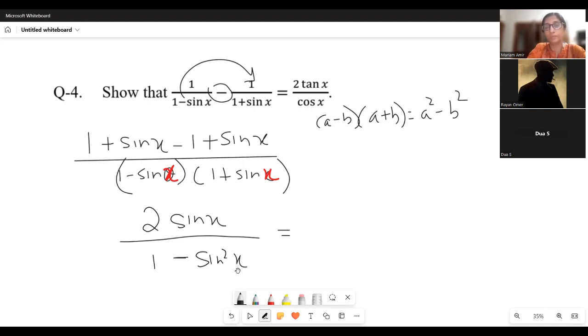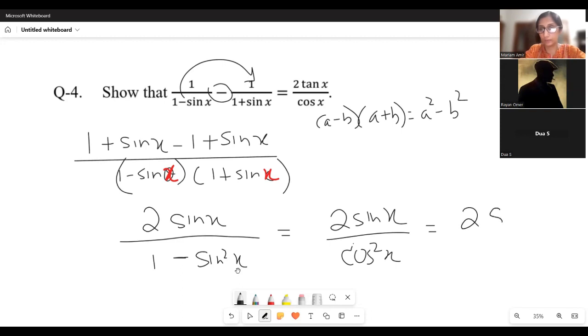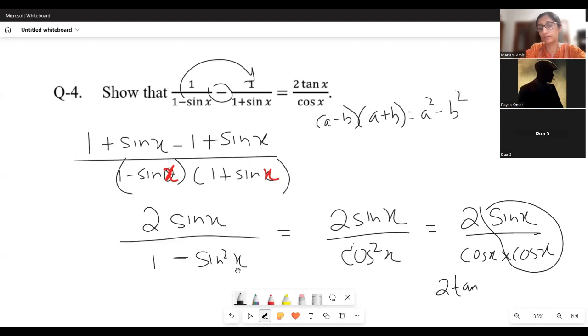Now this would be 2 sine x upon 1 minus sine square x, which is cos square x. And now we get the desired form. I can write the cos x terms twice, cos x times cos x. So sin x over cos x becomes tan x. So 2 tan x upon cos x.